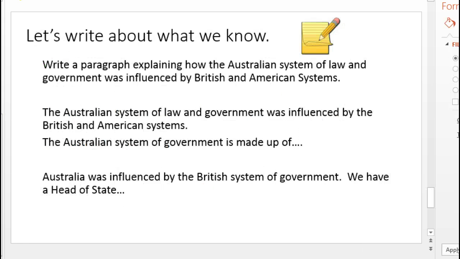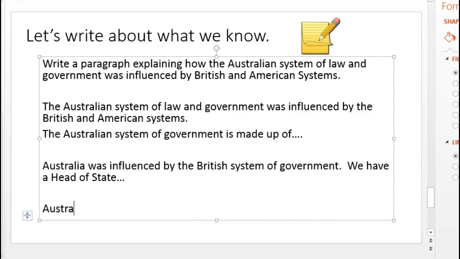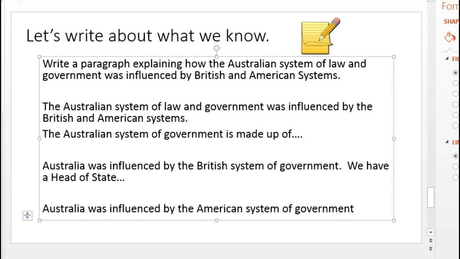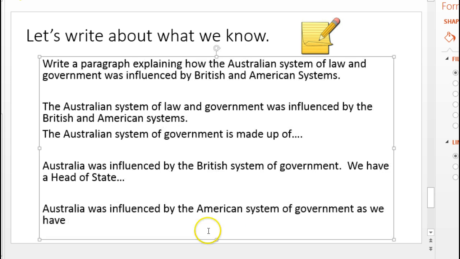Okay, and let's do exactly the same for the USA. So when you finish that part, you can write Australia was influenced by the American system of government as we have. Okay. Look back to your sheet.